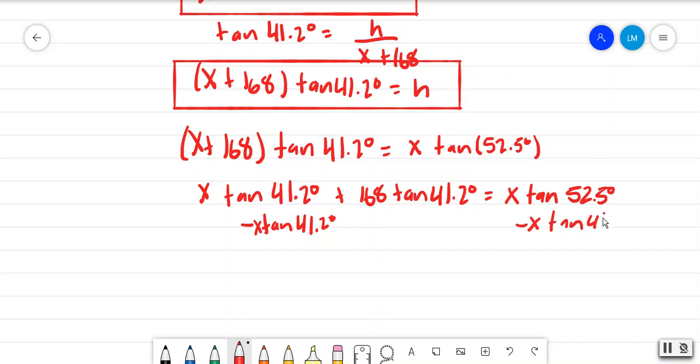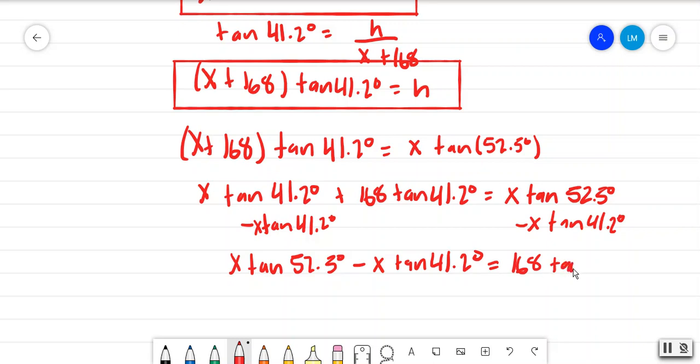Now, if you want to plug this into your calculator, you can technically, but it's probably just better to work this out. So you have x tangent 52.5 degrees minus x tangent of 41.2 degrees equals 168 tangent of 41.2 degrees.